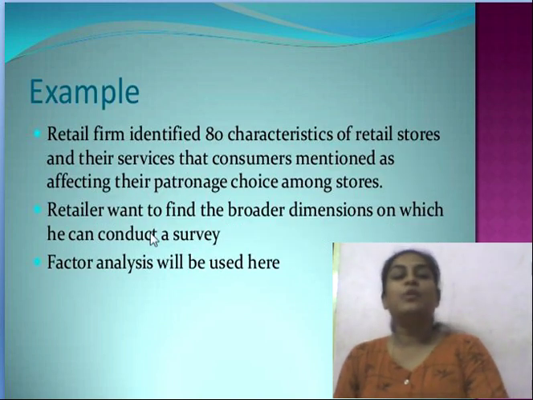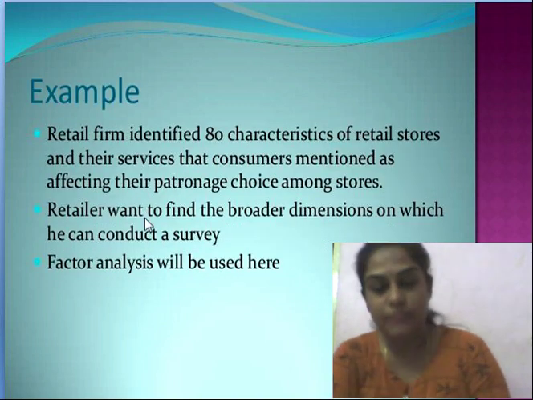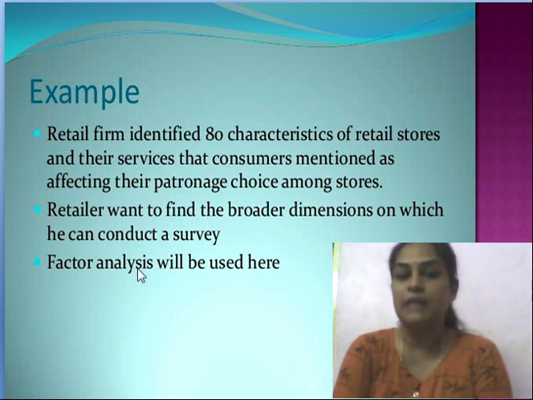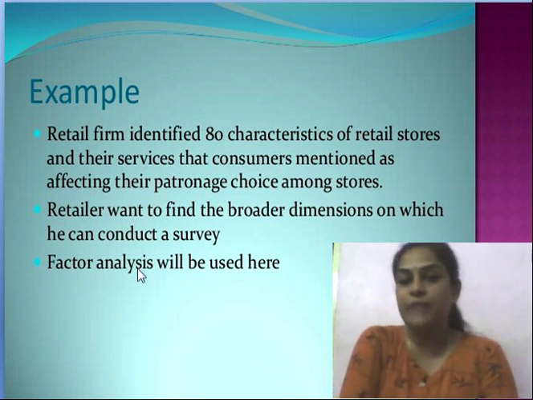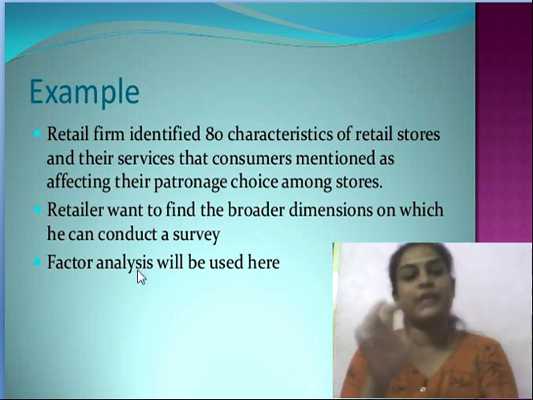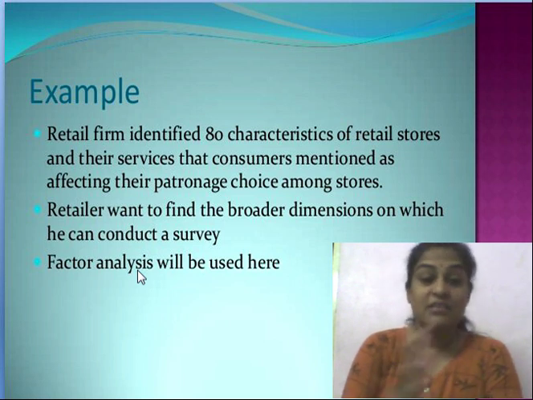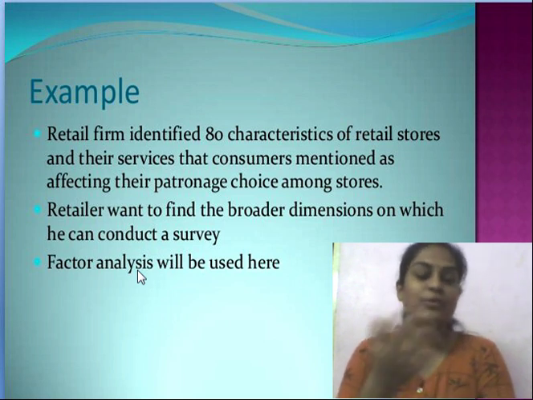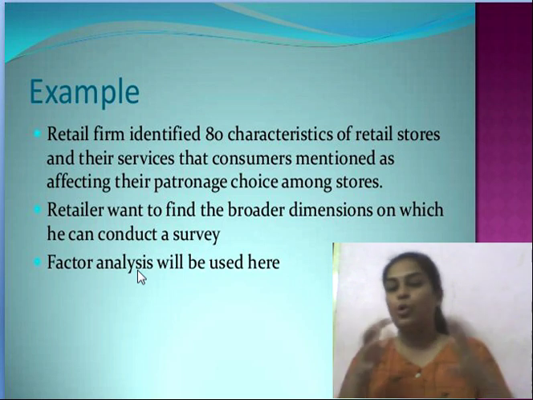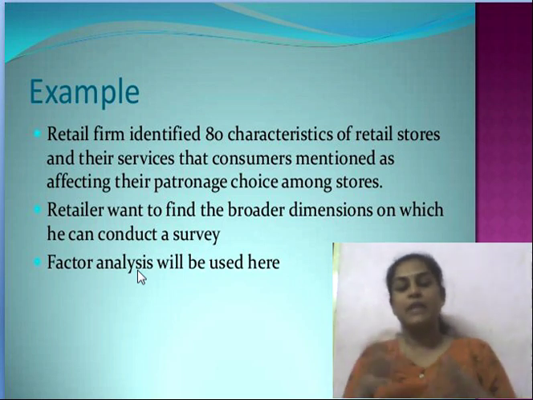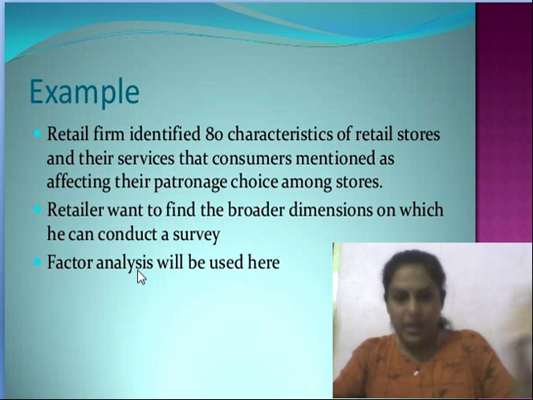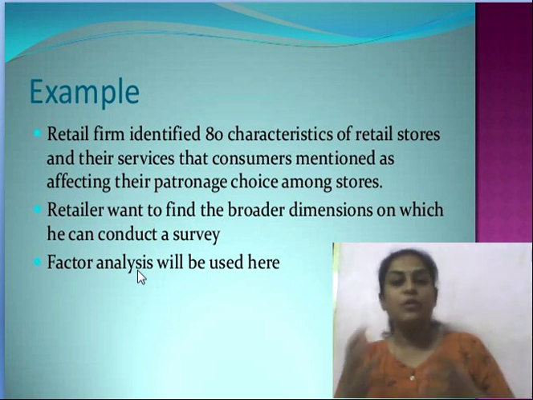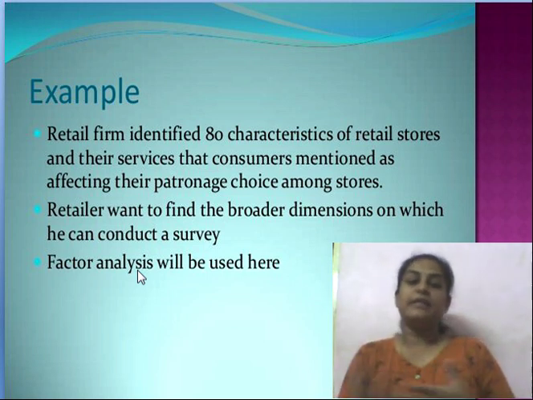Let me give you one simple example for a better understanding of factor analysis. A retail firm identified 80 characteristics of retail stores. In such a case, how does the researcher analyze all 80 characteristics? It is a big number. In such a case, he or she would like to reduce the data, then go for analysis and take a decision.